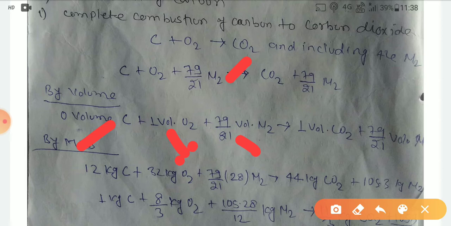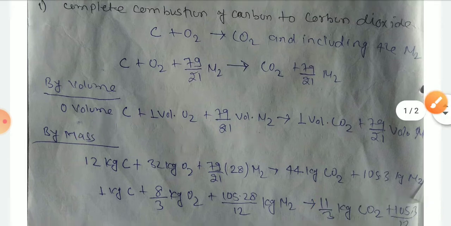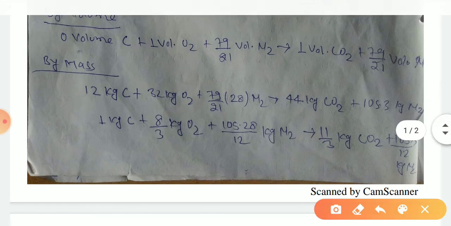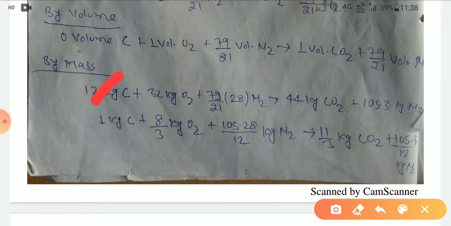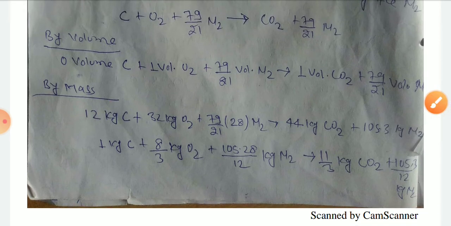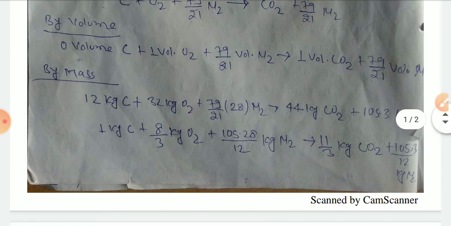If I write on the basis of mass, here 1 mole of carbon, and the molecular weight is 12, so that is 12 kg of carbon, and 32 kg of oxygen, because 1 mole of oxygen has 2 atoms of oxygen and the molecular weight of oxygen is 16, so you can write 32.